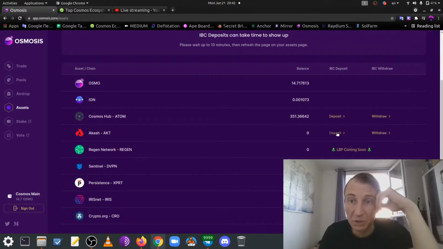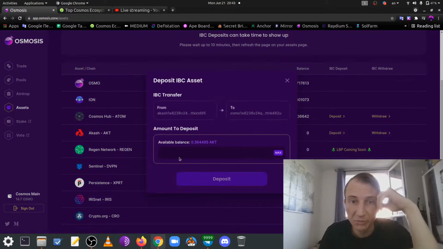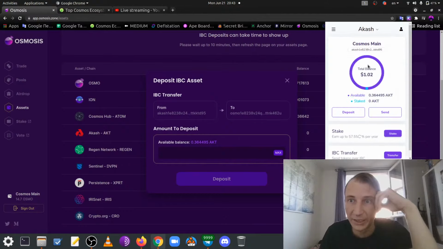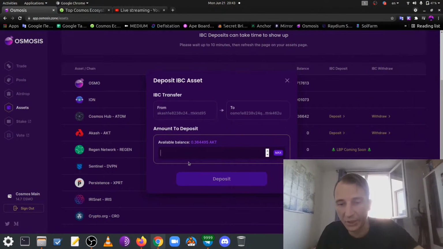After that we can try to deposit Cash, and we look at the Keplr wallet extension, look at Cash, and we see that I have 0.36 and we say okay, transfer also 0.1.